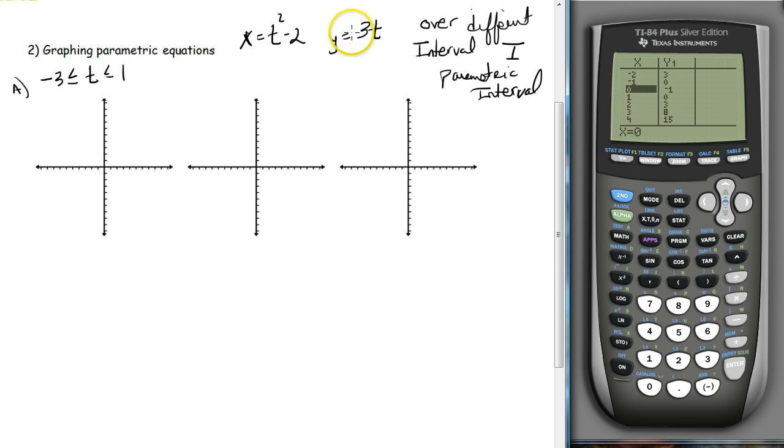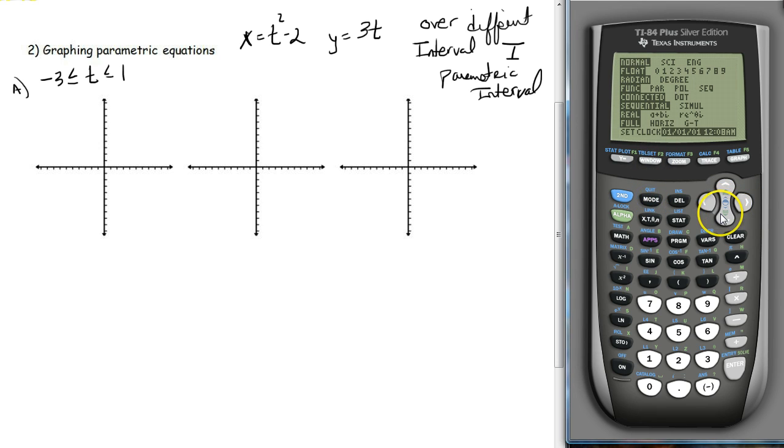Because what's happening is I'm plugging in t values, it's generating x values. Depending on what t values I get, it gives me different x's. So let's enter the equations. So we got t squared minus 2.